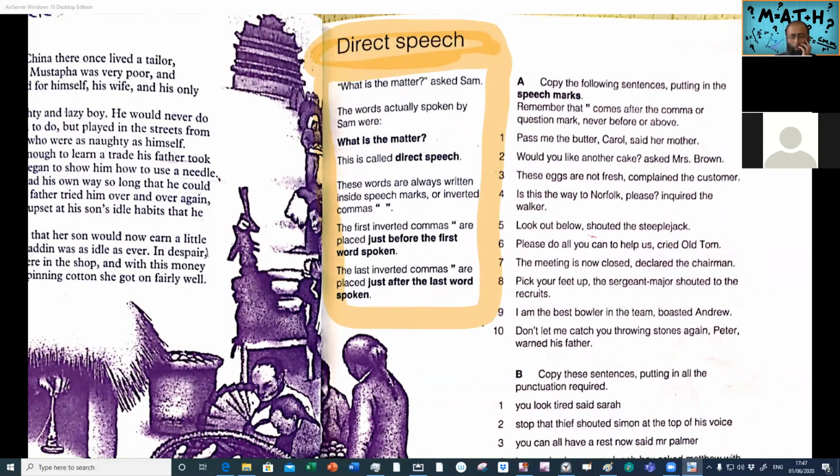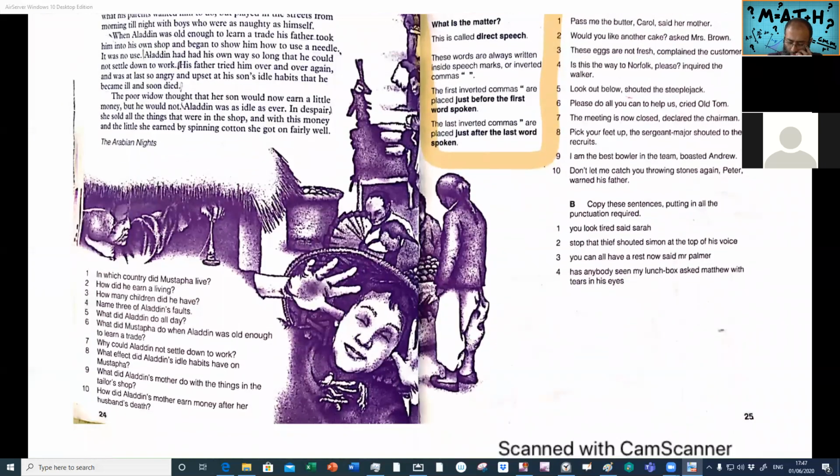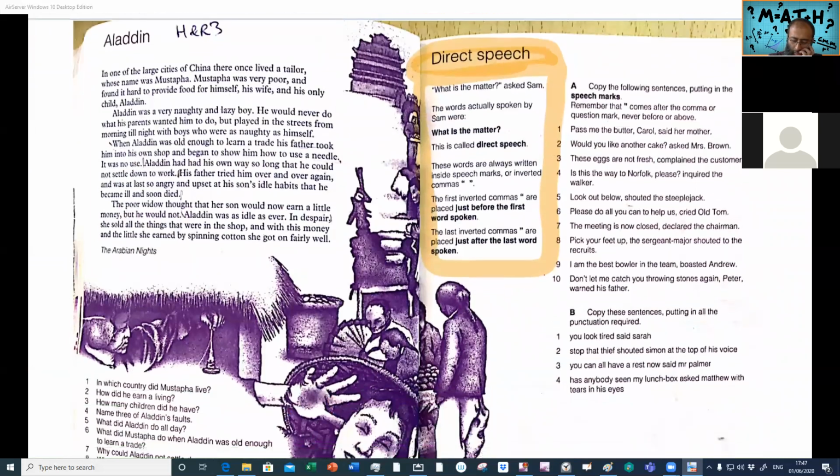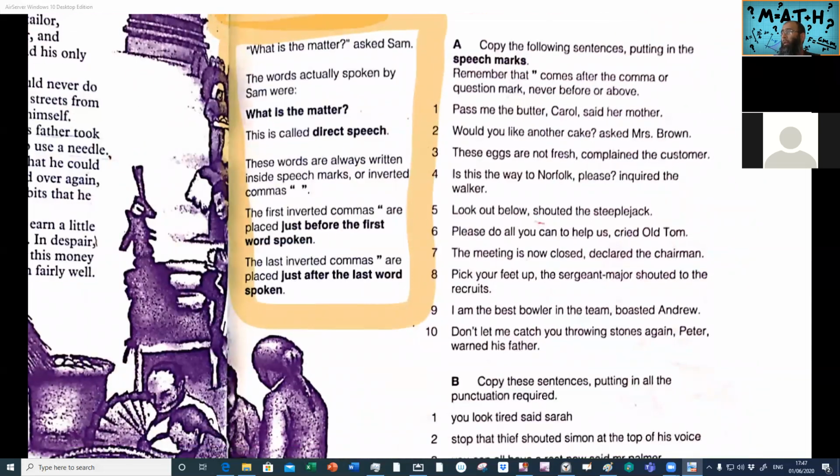Okay, first, what page number is that? Page 25. Okay, give me a second. Found it. Okay.